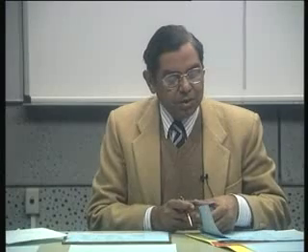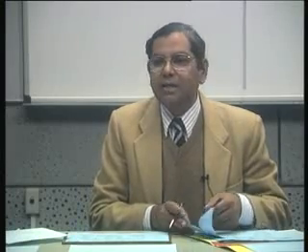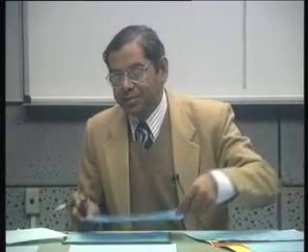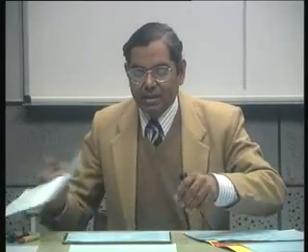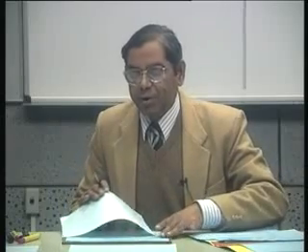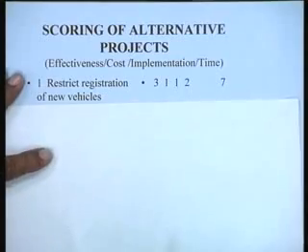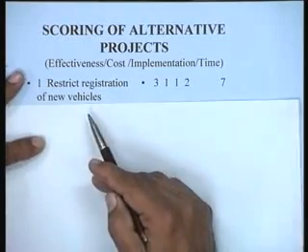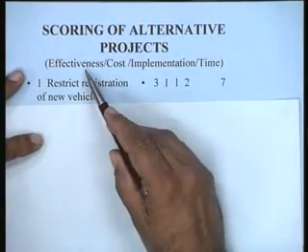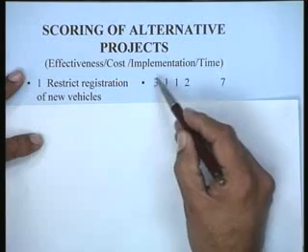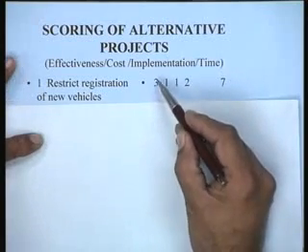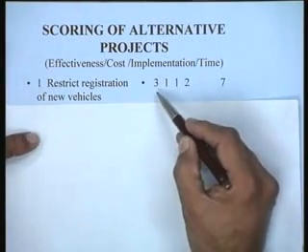Based on this, we would then like to do the scoring of the alternative projects. Let's see that. What can be done is, say, take the first project, which is restrict registration of new vehicles. Effectiveness, we feel that is going to be quite effective, very effective in fact. So we give 3 marks on that front.